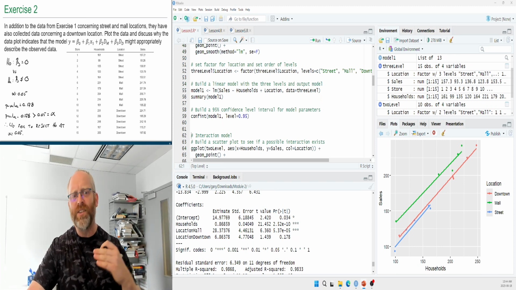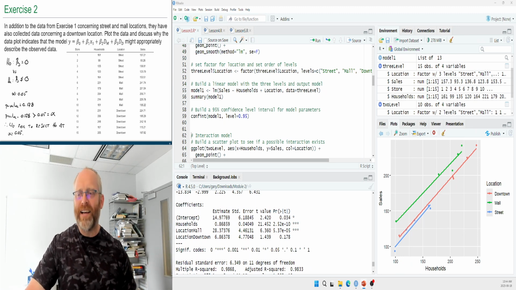So our reference level, in this case street location, to the downtown location, which is kind of what we saw, and that's why I paused for a second. Hopefully you paused too to think about this one. But where we paused to say, well, those lines are very close. There is still a difference in the picture, but was that just because of the sample that we took?